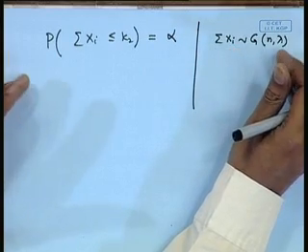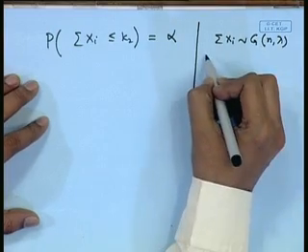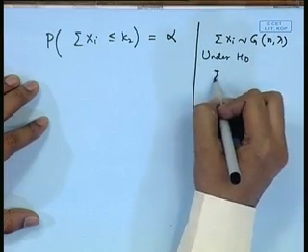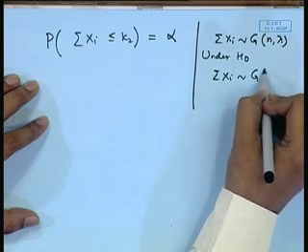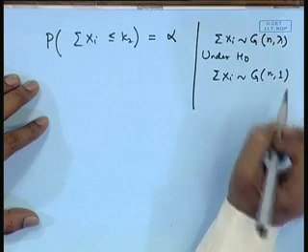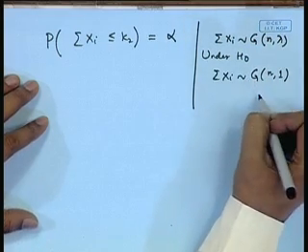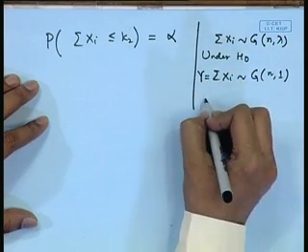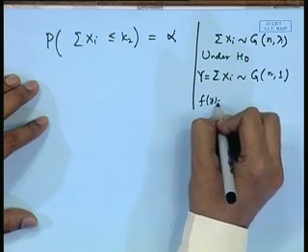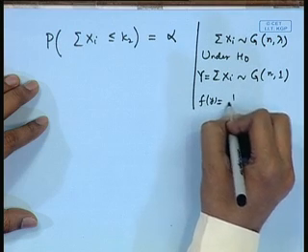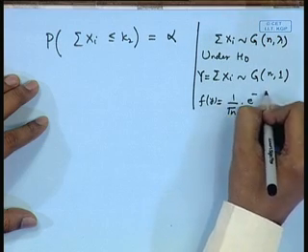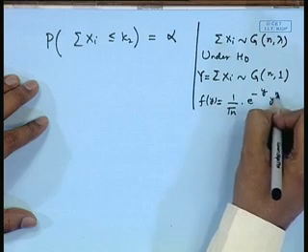The sum of independent exponential variables is a gamma variable. So, under H naught, sigma xi will follow gamma distribution on n and 1 degree of freedom. Now, what is this distribution? If we write down, let me denote it by say y, then the density of y is 1 by gamma n e to the power minus y, y to the power n minus 1.